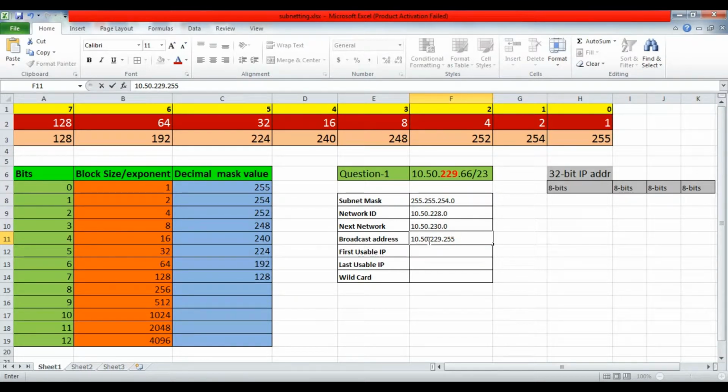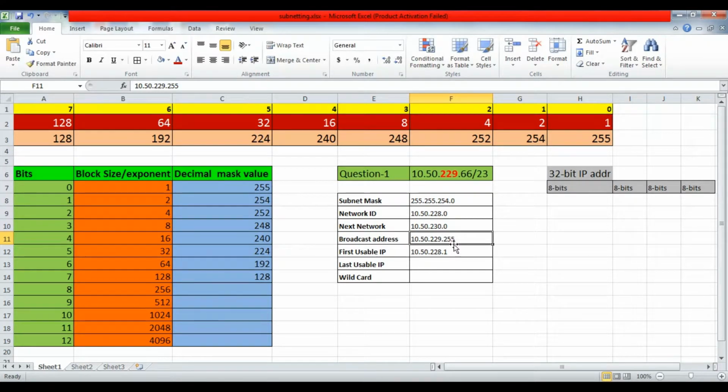The first usable IP address, we know that if our network ID is 228.0, the first usable IP address will be 10.50.228.1, and the last usable IP is less than the broadcast address.